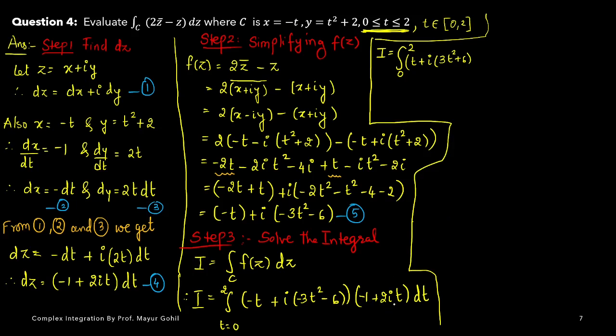Now this 2it gets multiplied with this minus t, so it gives me minus 2it square. Now this 2it gets multiplied with the second term, so I'll write the full thing for the sake of convenience of understanding: 2it getting multiplied with i times minus of 3t square minus of 6.